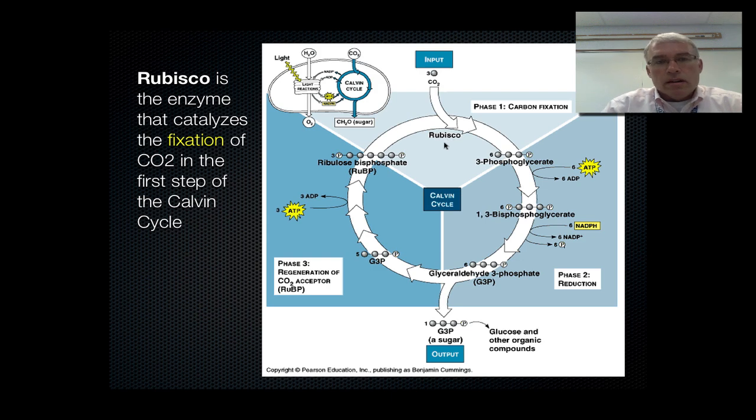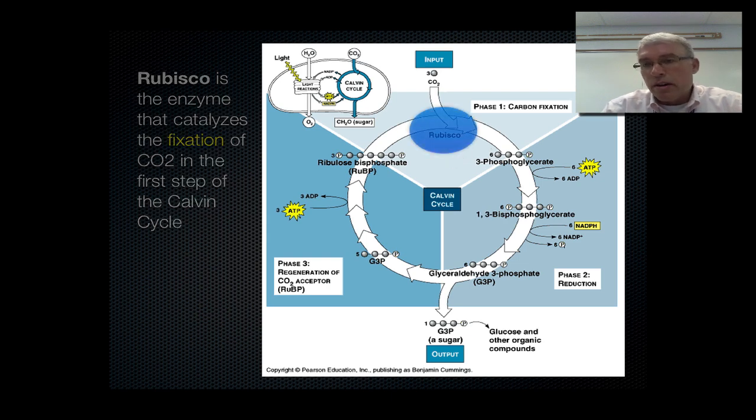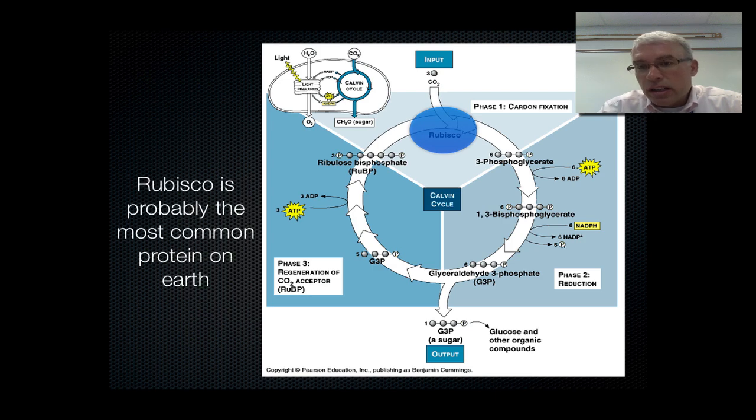Now, there's an enzyme right here at the first step called Rubisco, and it's the enzyme that catalyzes, or causes to happen at a faster rate, the fixation of carbon dioxide in the first step of the Calvin cycle. So Rubisco is interacting with carbon dioxide to fix it and lock it in place to produce this chemical here, which is 3-phosphoglycerate.